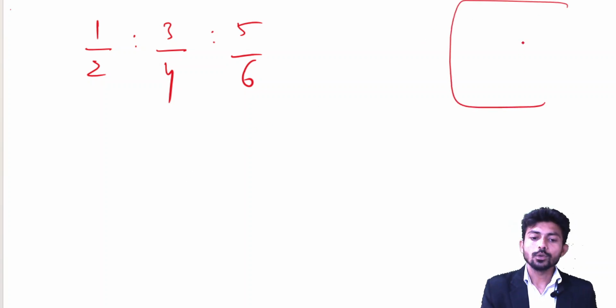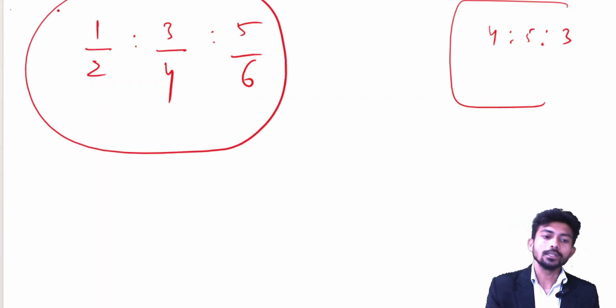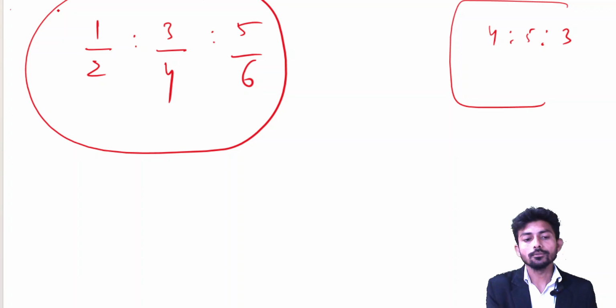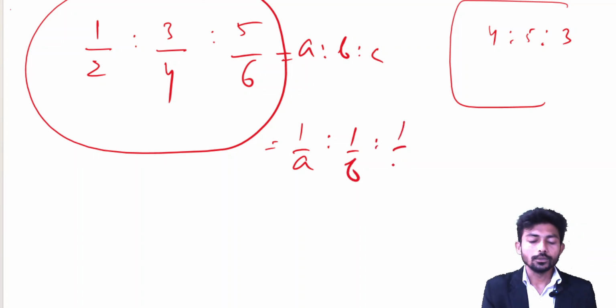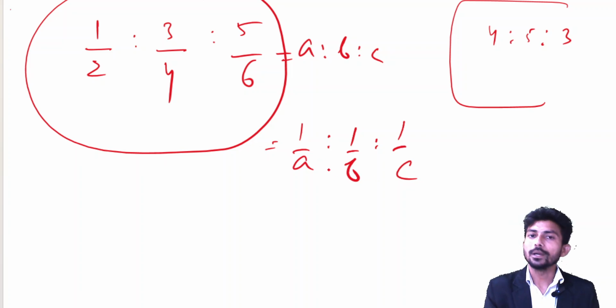There the ratios were simple numbers, not fractions. But here the ratio is already in fractions, like the values of a, b, c. And again, if we are asked to find the inverse ratio of a, b and c, that's how we'll write it.